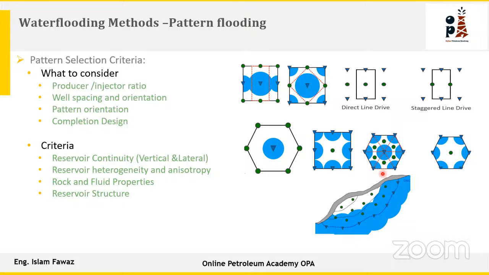Completion design means if we have a high perm streak, you have to avoid early water breakthrough by not perforating it, or you have to use dual completion, where one produces from the fast zone and the other produces from the low perm zone. So you have to design for this point how to maximize the recovery and how to deal with this kind of issue, what is called conformance review in your reservoir.